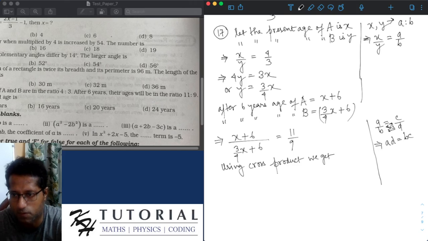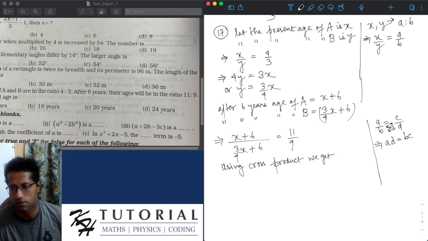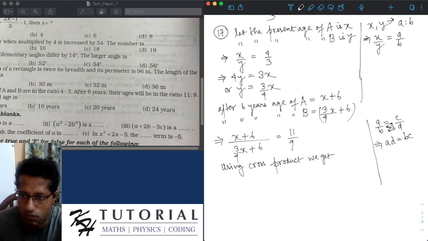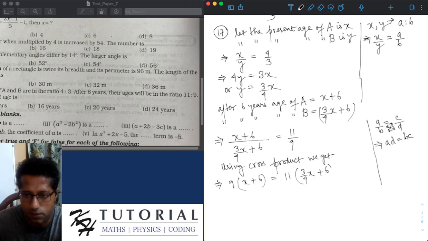Applying the same concept in this linear equation, we get 9 into (x plus 6) equals 11 into (3 by 4 x plus 6).